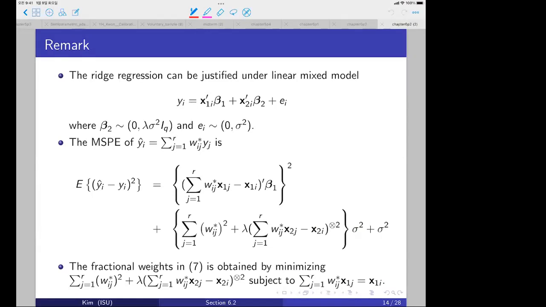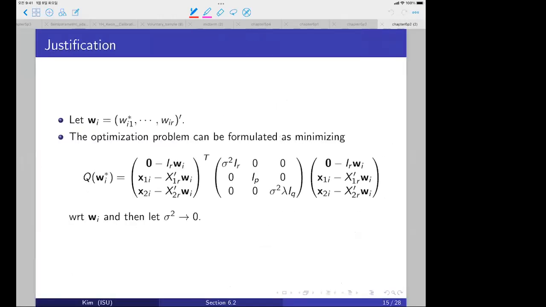If this guy is moved to here, then it is exact balance, but that is probably too much. So we put it in the optimization objective function so that we can relax it a bit. And then you can formulate it as the same GLS problem and solve this. That is basically the idea.